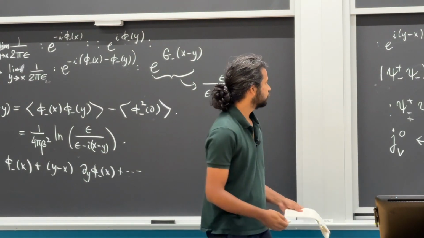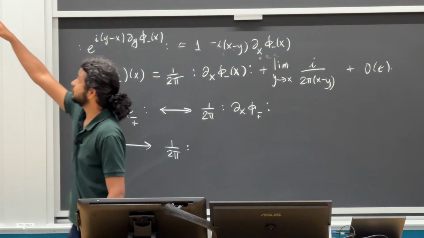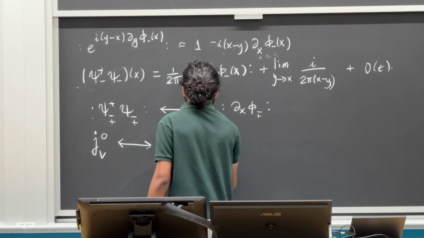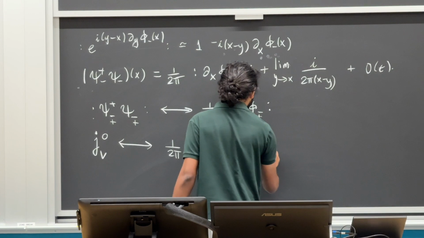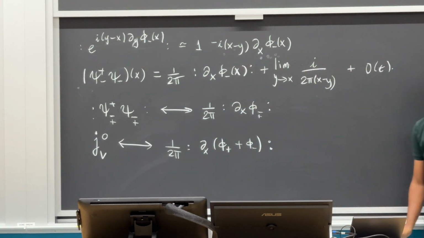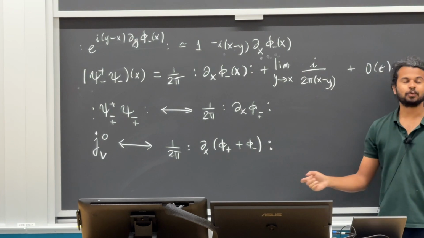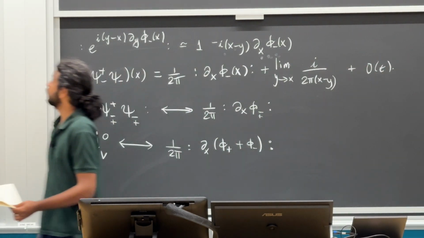Right. So J0 is nothing but 1/2 pi, plus minus minus, right? So that's dx of phi plus, phi minus. If you remember from last week, phi plus phi minus was our phi, right?